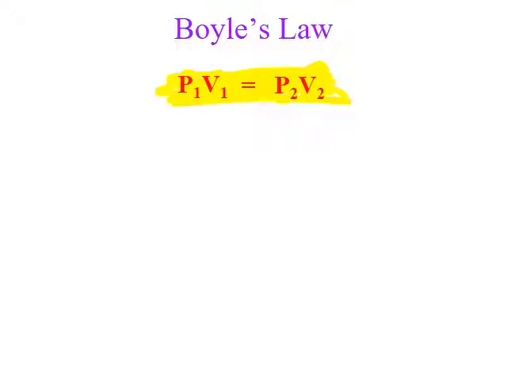So for instance, if I had a gas at a pressure of 1 atm and a volume of 2 liters, and then the pressure was changed to 4 atm, what would be the new volume? If the question looks something like that, you could use Boyle's law to figure out what is the new volume of the gas under a different pressure.